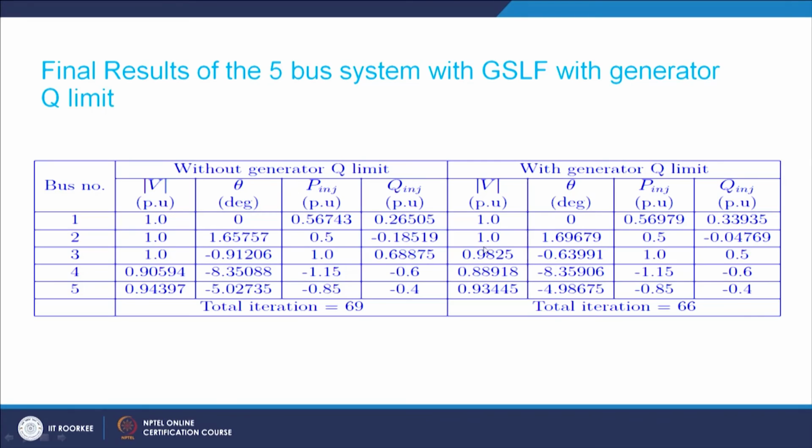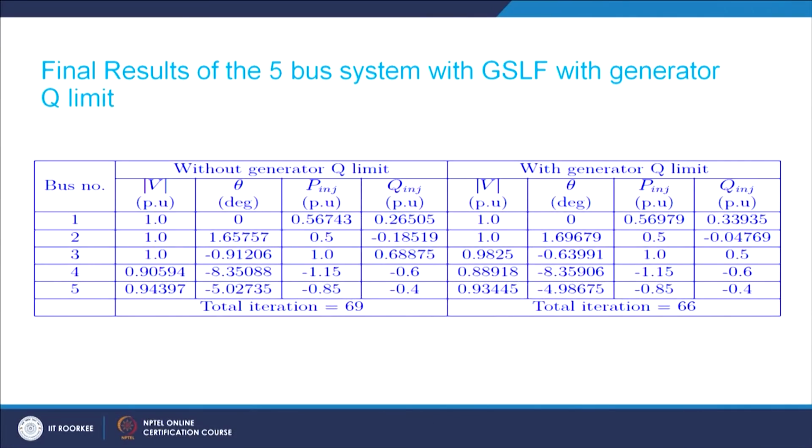This is because this generator had to supply 68 MVAr to maintain its voltage at 1.0 per unit, but because of its restriction it is now able to supply only 50 MVAr. As a result its voltage magnitude comes down from 1.0 per unit to 0.9825 per unit, and all the other voltage angles and load buses are calculated.